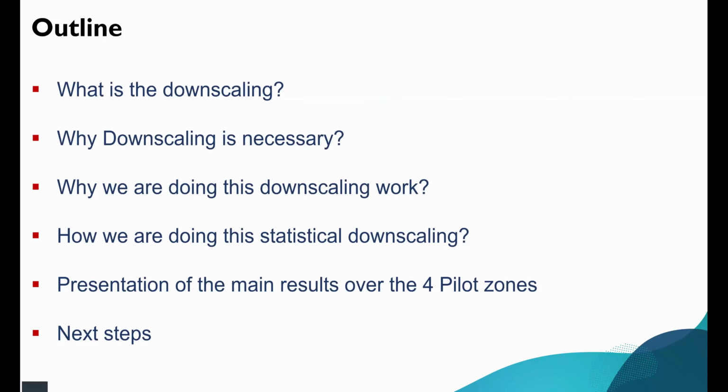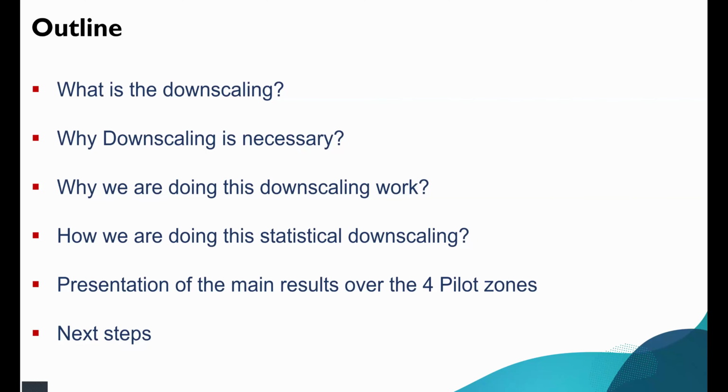So here is the outline of today's presentation. We'll start by introducing what downscaling is and why it's necessary, especially for small basins like the ones we are focusing on. I'll explain the motivation behind this effort and what makes our data unique for the region if compared to other available open source datasets.